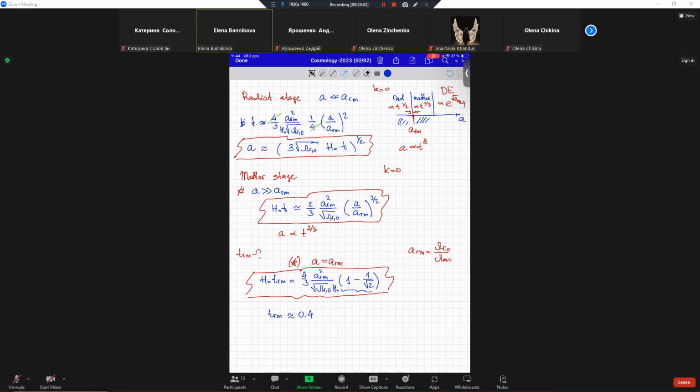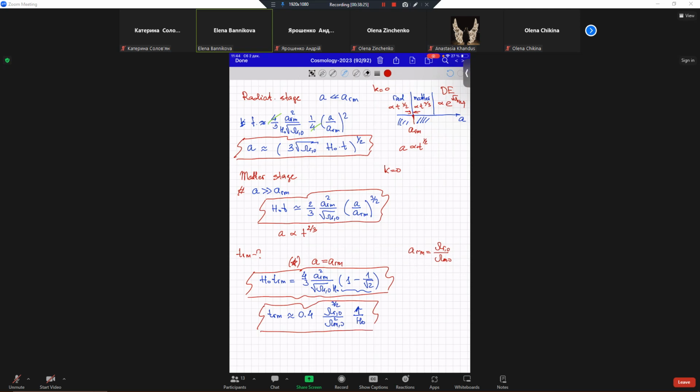So finally we will have omega R0 to the power 3 divided by 2, divided by omega M0 squared, times 1 divided by H0. So again we can put it.